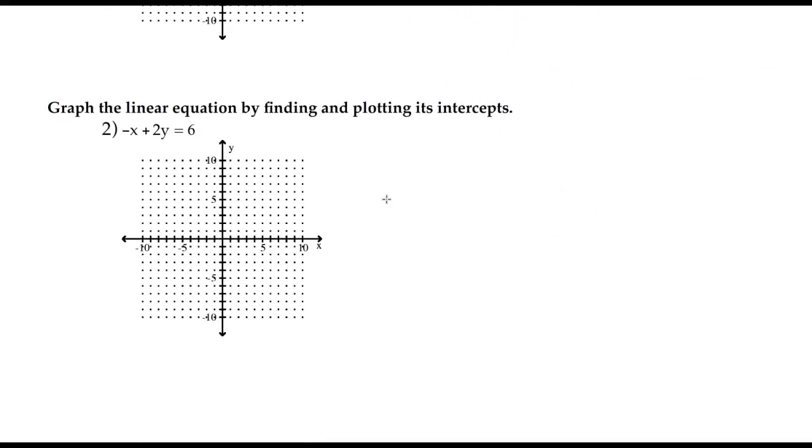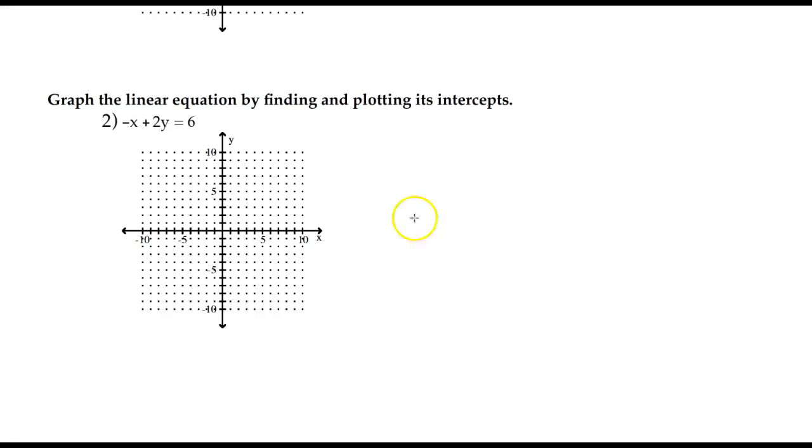So you can see for number 2, we have an equation of a line, but now it is in standard or general form. And so you notice how this says graph the linear equation by finding and plotting its intercepts. So what we mean by that is find its x-intercept as well as its y-intercept.